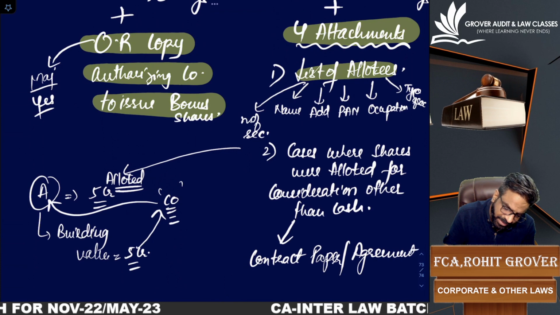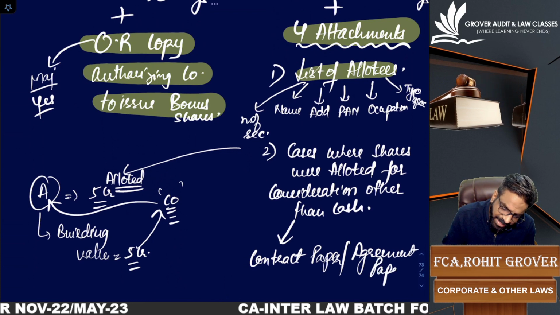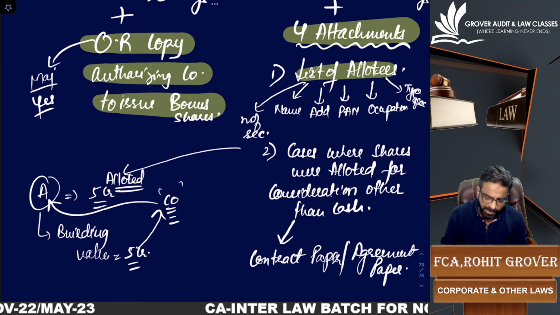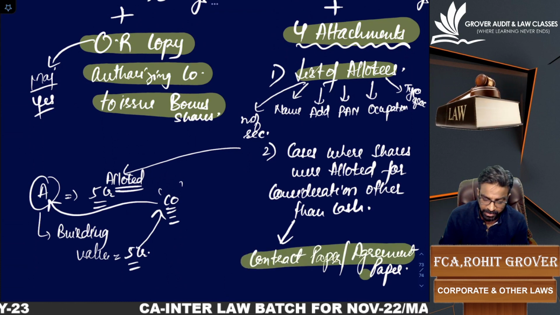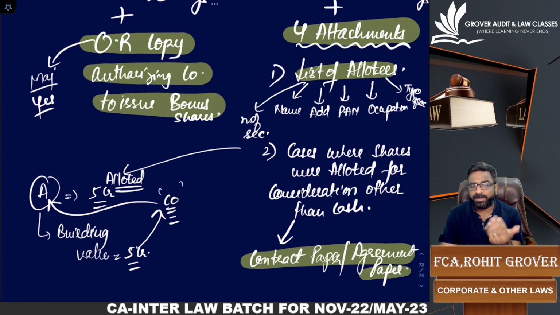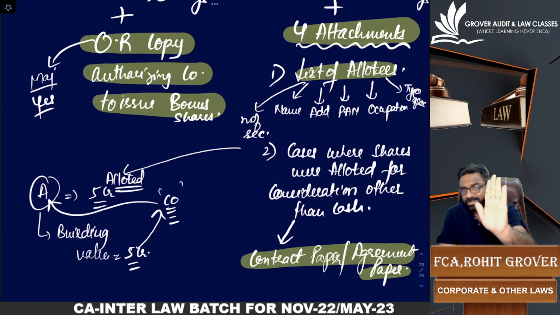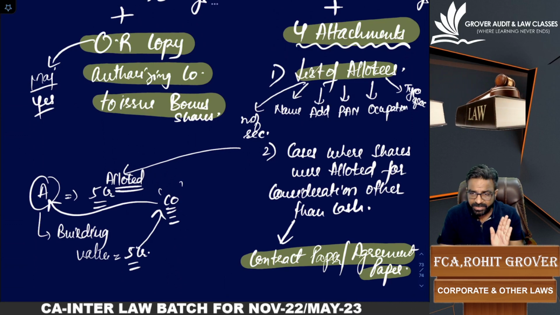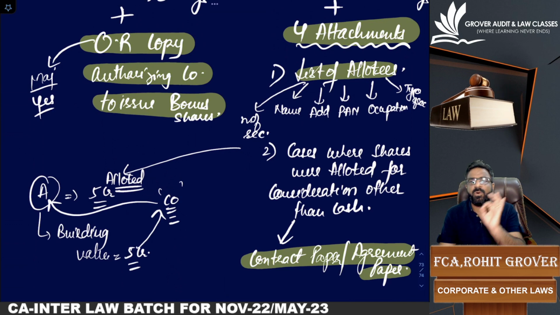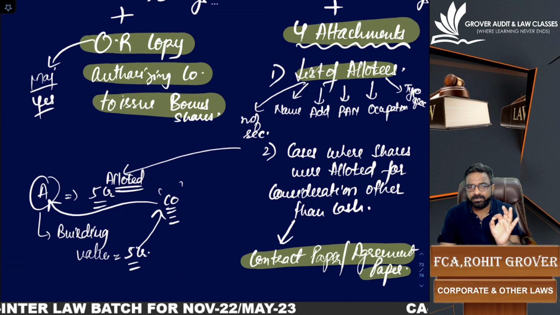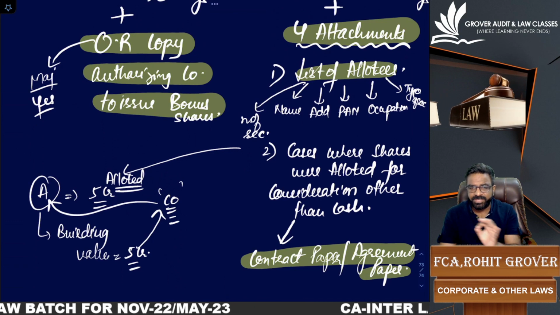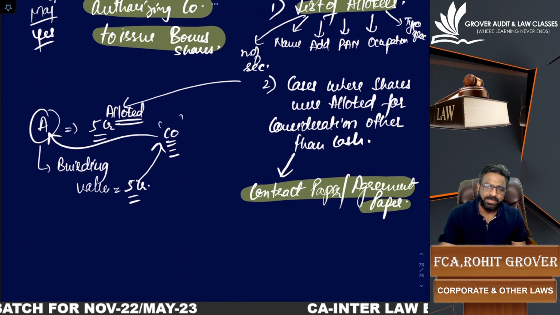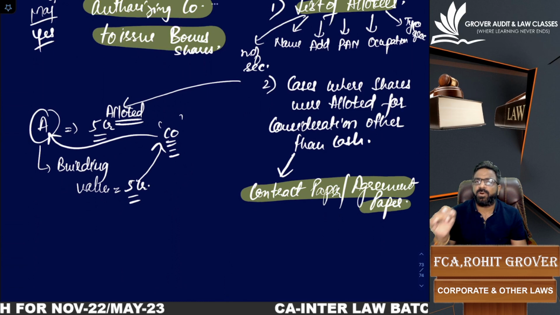Obviously the ROC will ask: on what basis have you allotted the shares to that allottee? Show me the contract of sale. The company will show, sir, this is the building he sold to us, and this is the contract paper. Did you all understand? Yes or no? In cases where shares were allotted for a consideration other than cash, you submit contract papers or agreement papers.